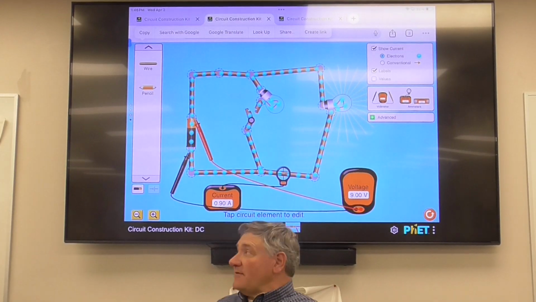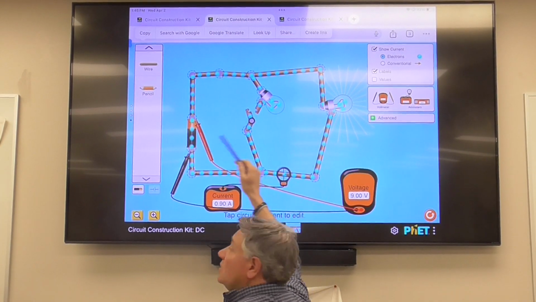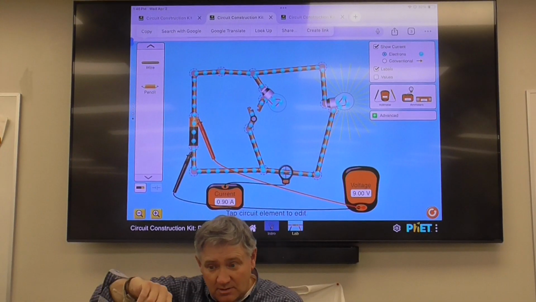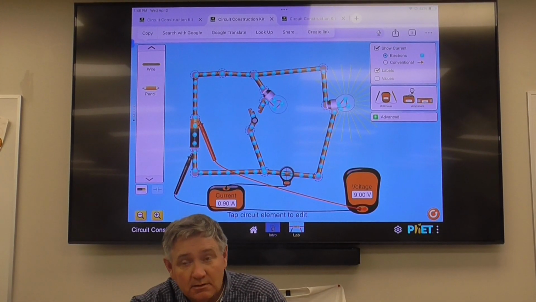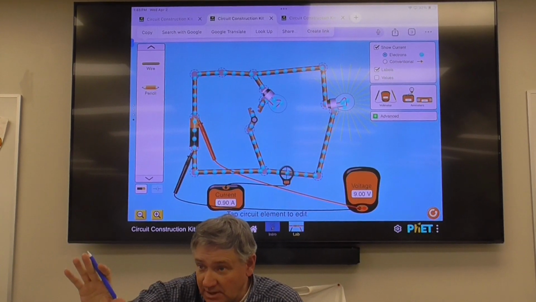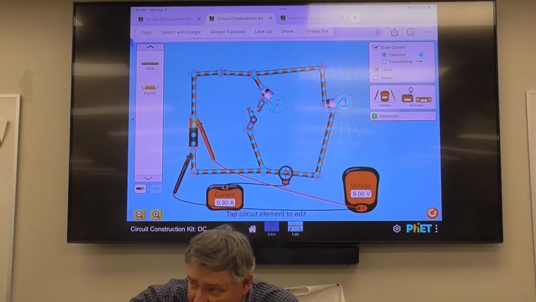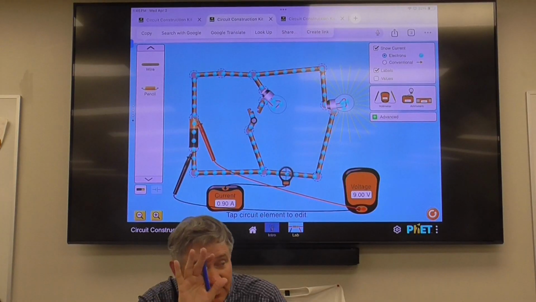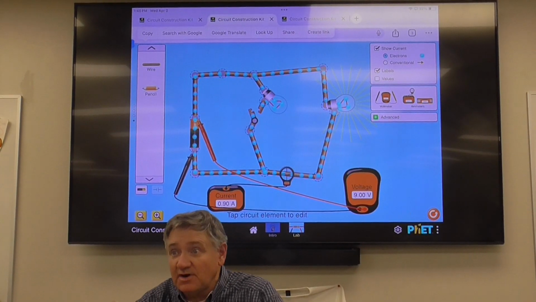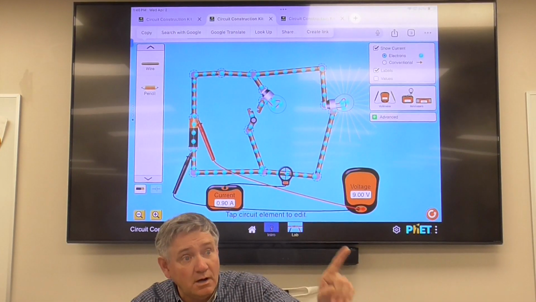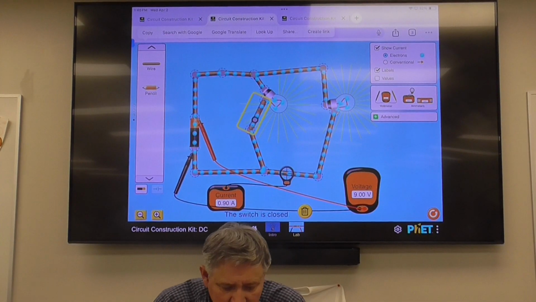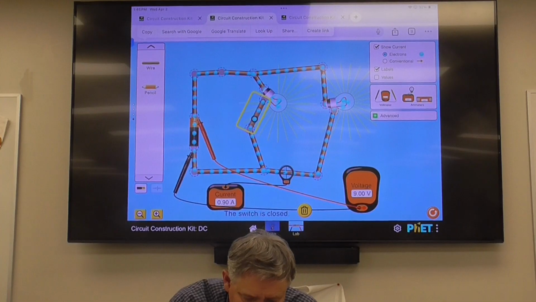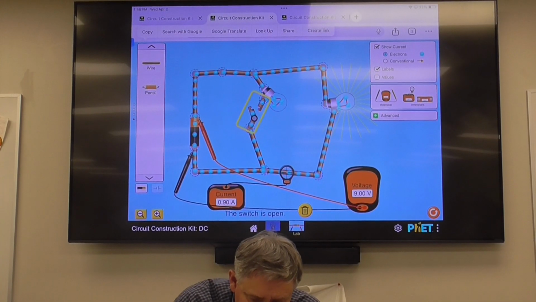Okay, so having two 10-ohm bulbs in parallel would be the equivalent of having one 5-ohm. So two bulbs in parallel is the equivalent of having less resistance. Therefore, the current should go up. Miracle of miracles, the current at that point still stays at 0.9.